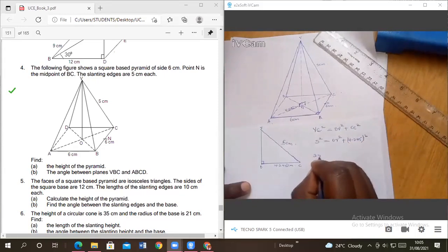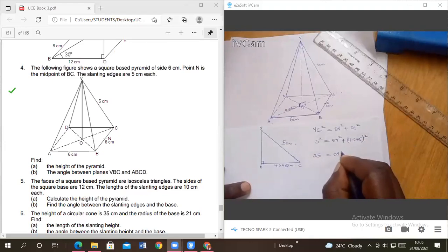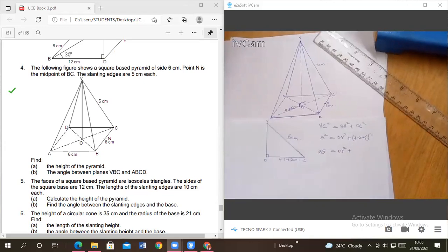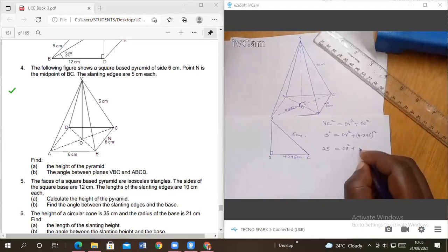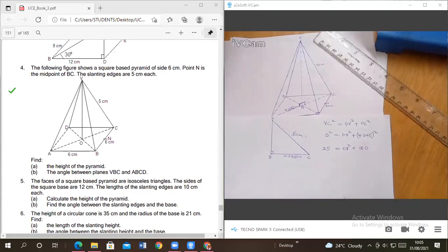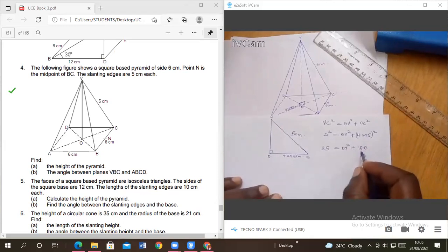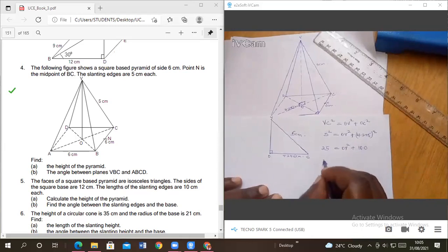So 25 equals to OV squared plus, what do you get when you square that? It's quite big, so we shall round off and we shall put 18.1.